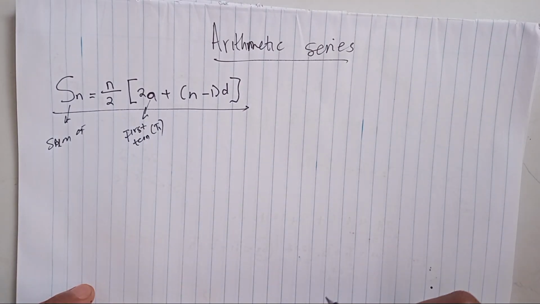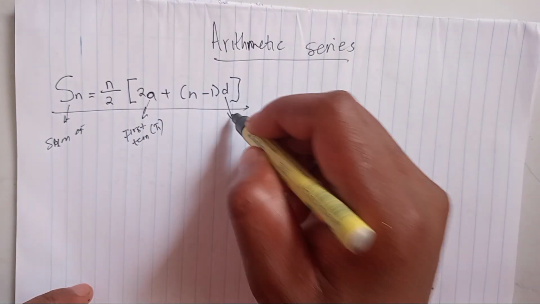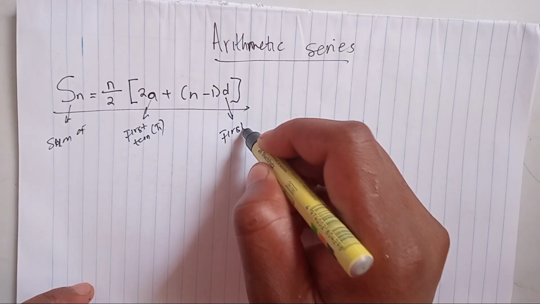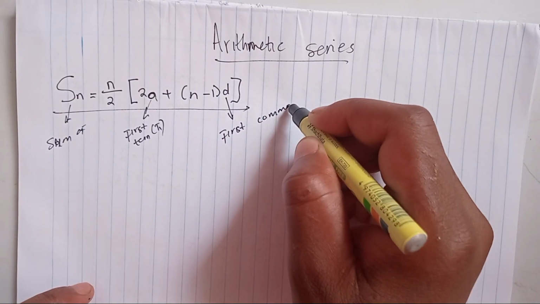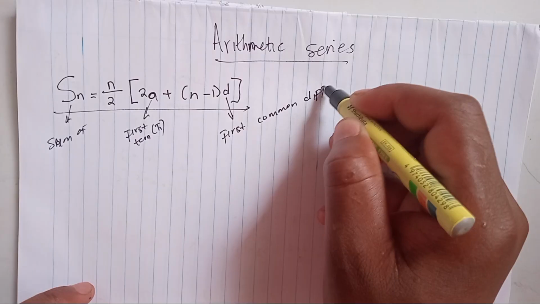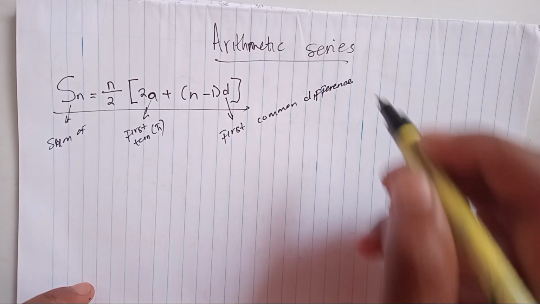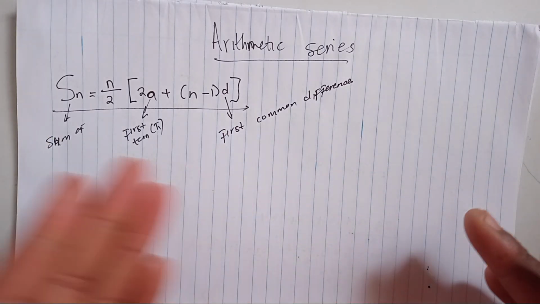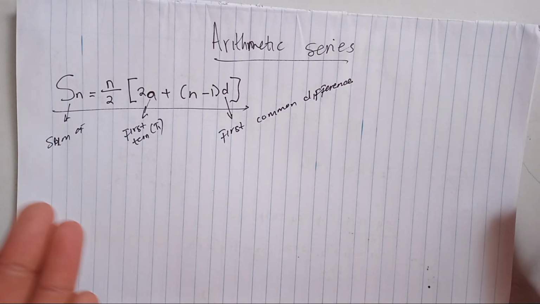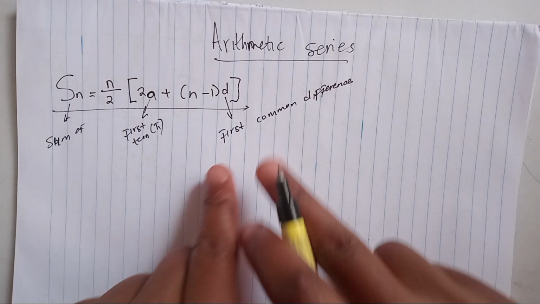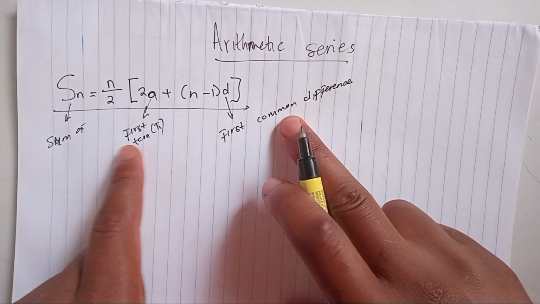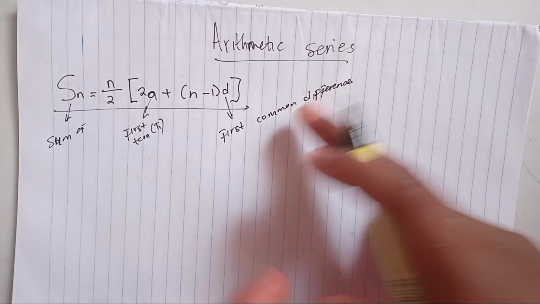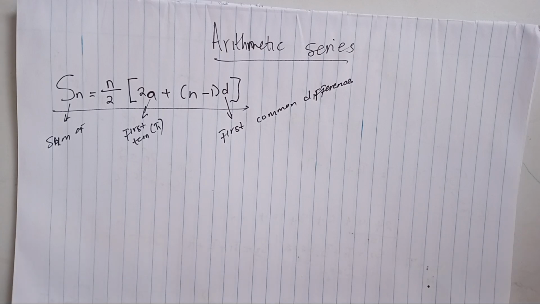A means T1. And then the d means the common difference. Guys, in order for you to find the sum of the nth term, you have to know the common difference and the first term, and then you will be able to answer a lot of questions on that. Guys, we are referring to the sum here.